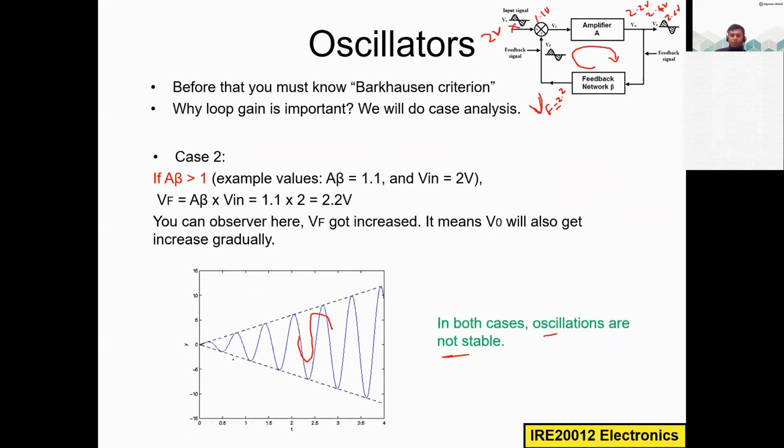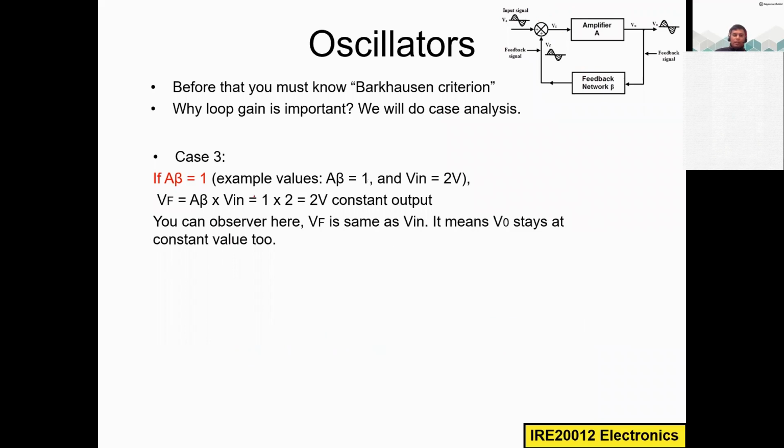Okay, then what do we want? Then we go to the case 3 analysis. Here we make this A beta value equal to 1, unity. Again with a numerical example, A beta is equal to 1. It's not 0.99 and it's not 1.1. It's exactly 1, and V in is equal to 2 volt.